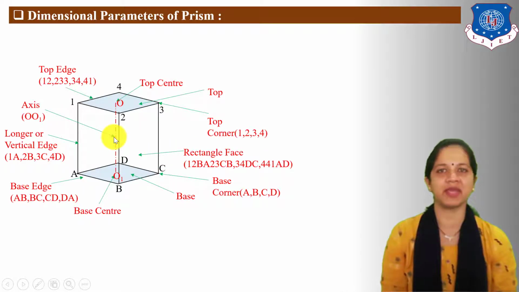Now any prism has rectangular faces. Here 1-2-B-A, 2-3-C-B, 4-3-C-D, 1-4-D-A are four rectangular faces. Now in any prism, the number of rectangular faces is equal to the number of base edges or top edges. Also, the number of longer or vertical edges is equal to the number of base or top edges.